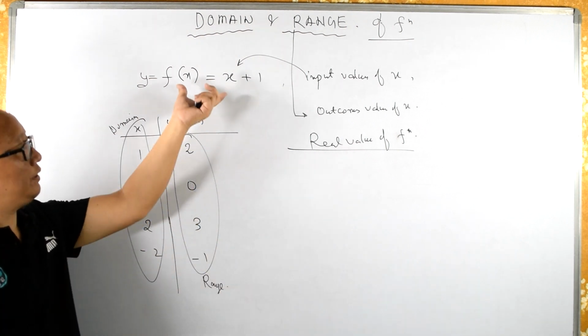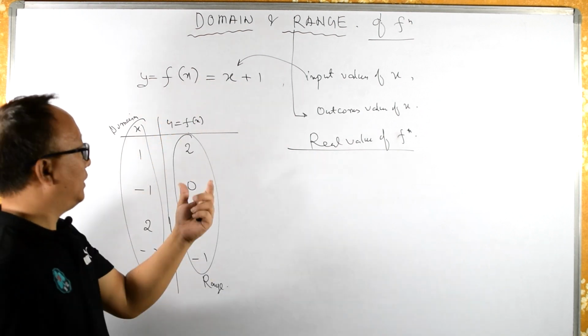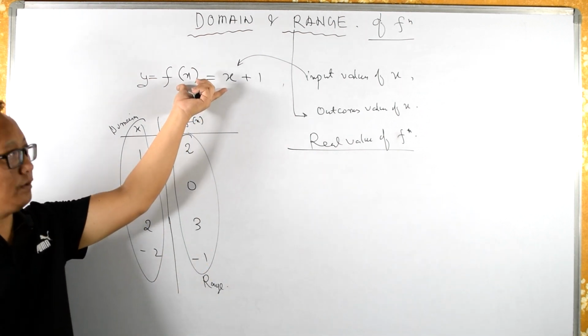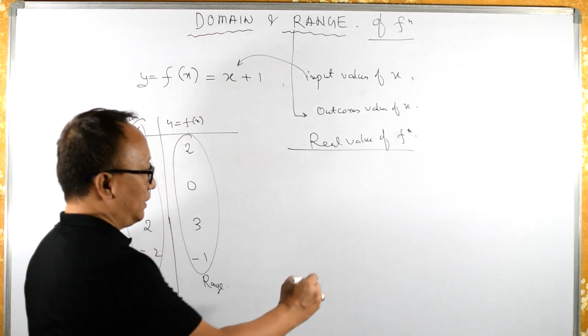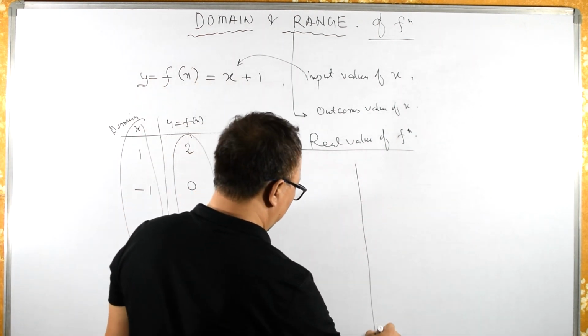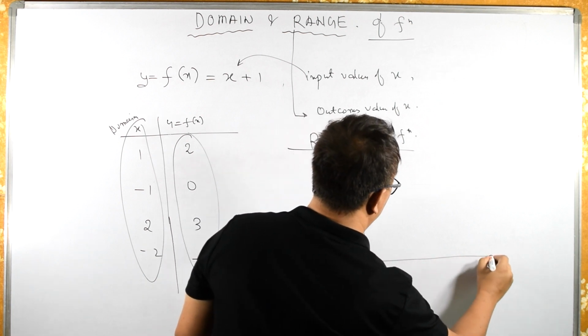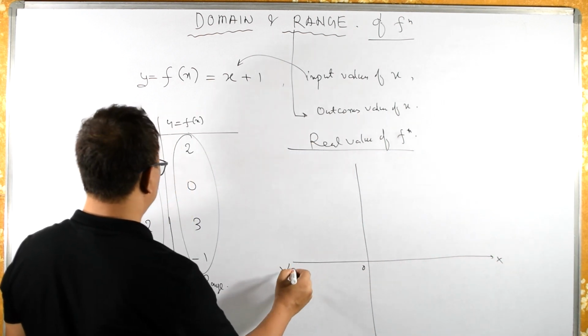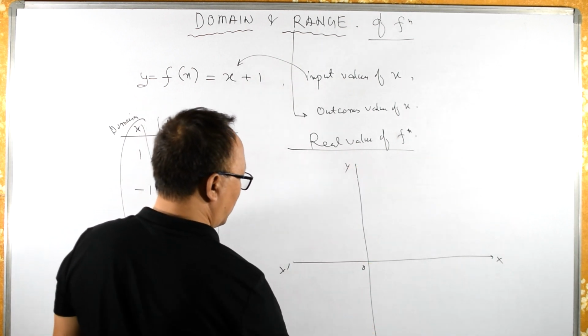Now let's draw these graphs and see how it works. Let's see what it looks like. For example, we have here x', O, x, here y', O, y.